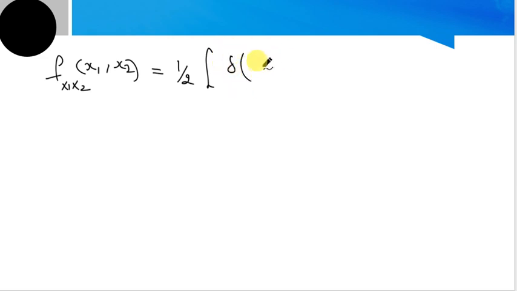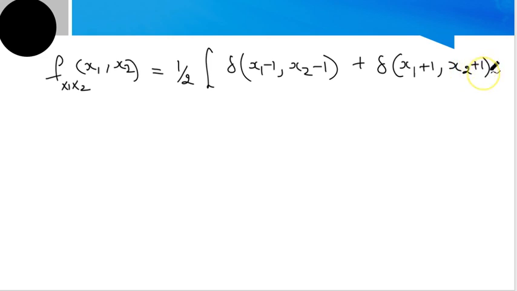Therefore, what happens to our joint density function? My joint density function f of x1 x2 of x1 comma x2 now becomes half into delta of x1 minus 1 comma x2 minus 1, plus delta of x1 plus 1 comma x2 plus 1.